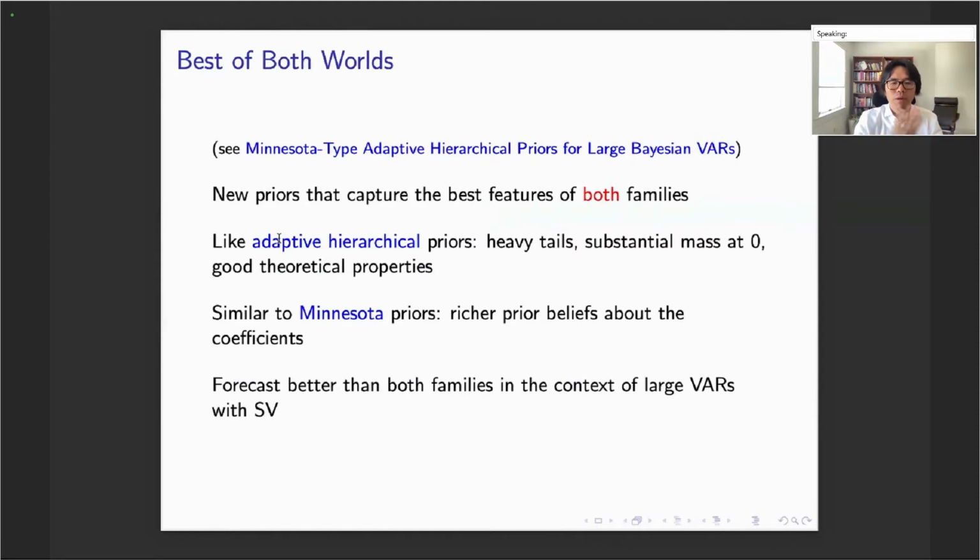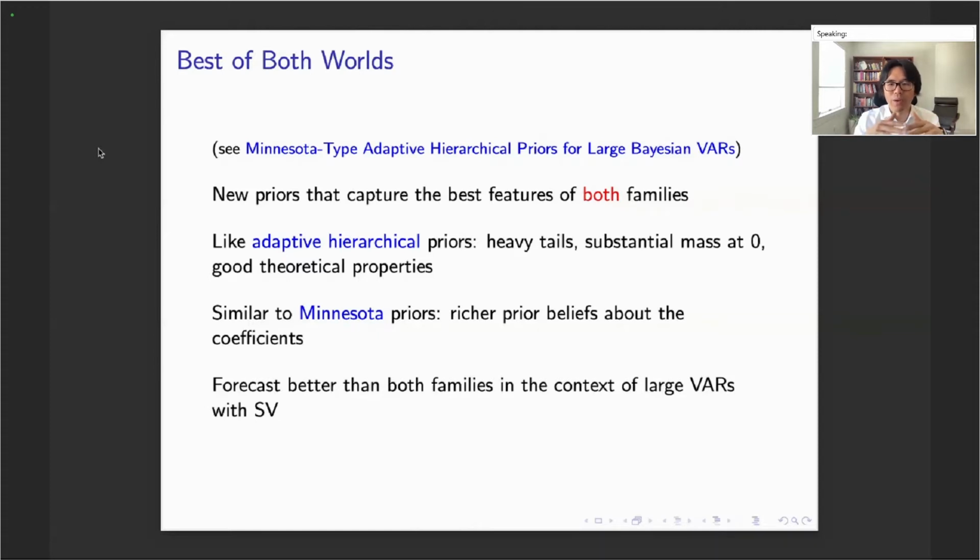So both of the classes, Minnesota priors and hierarchical adaptive priors, have advantages and disadvantages. So why not have both of them, right? Best of both worlds. So in this paper, Minnesota type adaptive hierarchical priors, I propose a class of priors that include both features of these adaptive hierarchical priors and Minnesota priors.